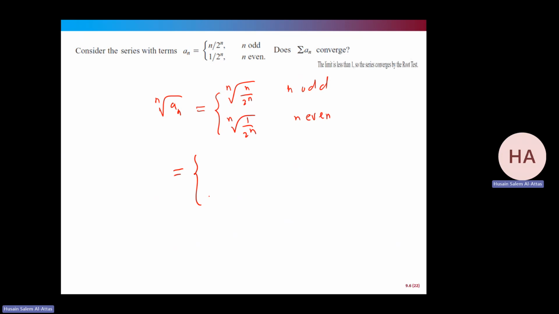That will be equal to what? This is the nth root of n to the power n over 2, and this is 1 over 2. The limit goes to half in both cases.